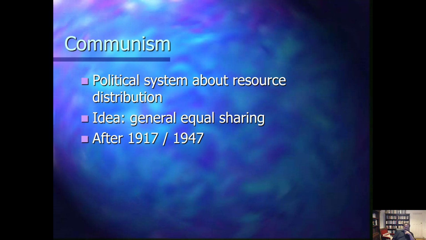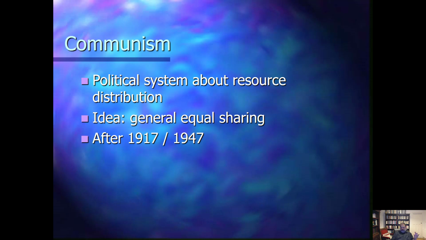Now, another example that we should consider is the case of communism. Communist countries have been around since 1917. Many more have been around since 1947, in particular in Europe, Asia, and in other parts as well, including America and Africa.